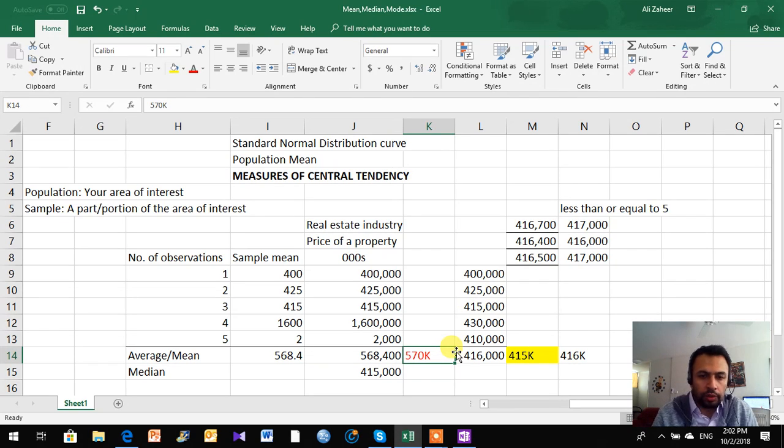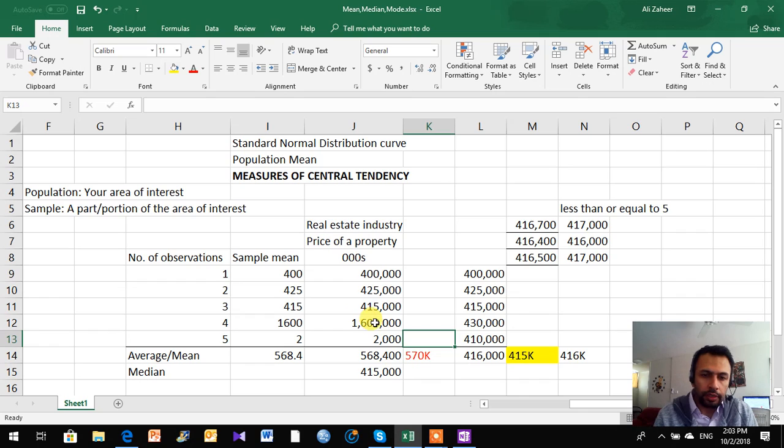This is not how we round in statistics. But let's suppose you are the real estate agent and you are talking to a consumer. The price you tell your consumer will not be 568,000. You might say it's about 570,000. So that's what we say in general speaking.